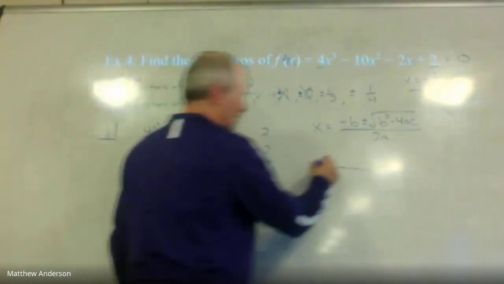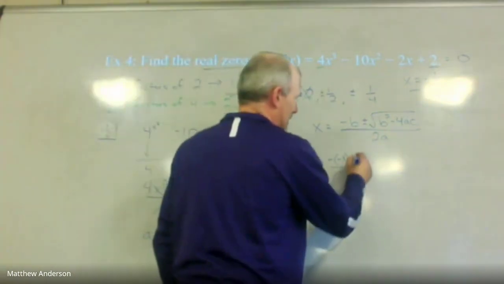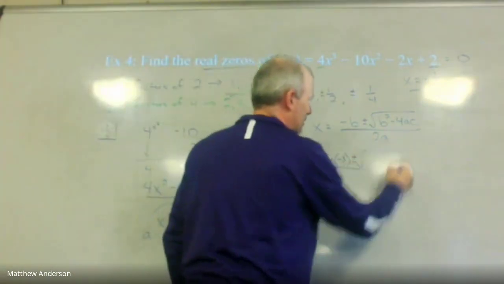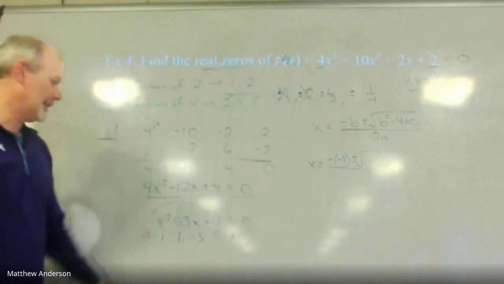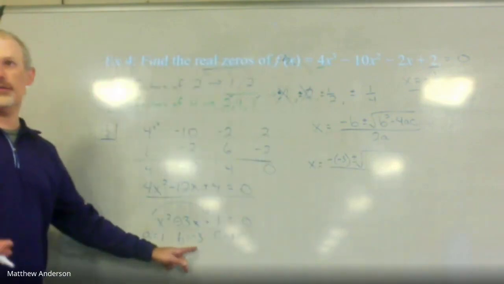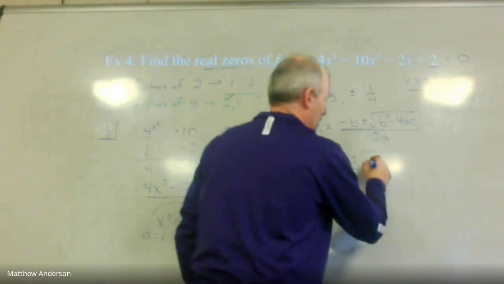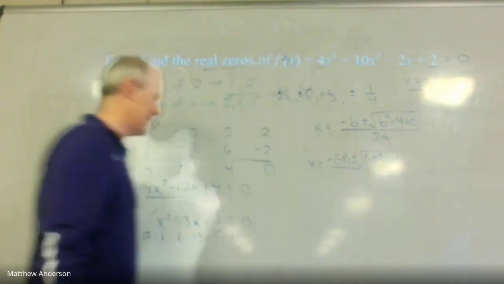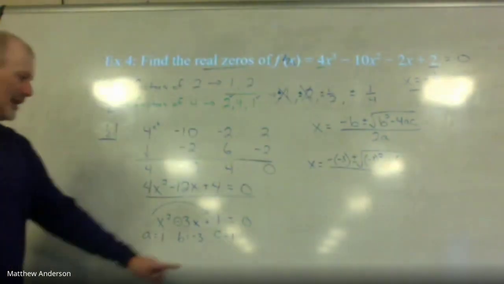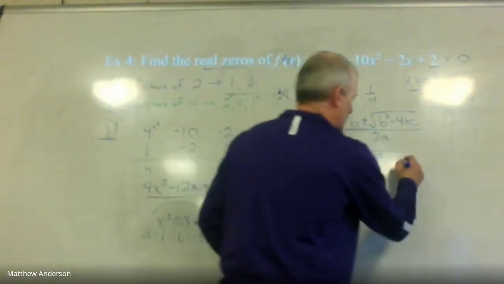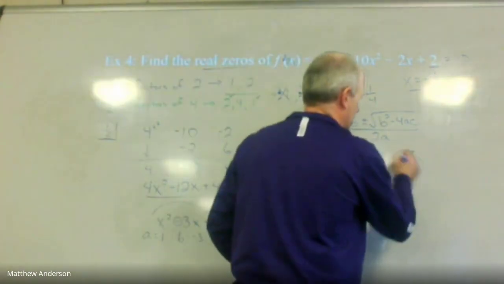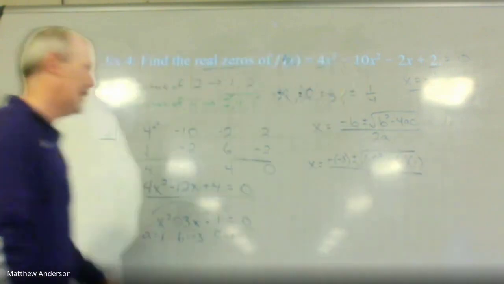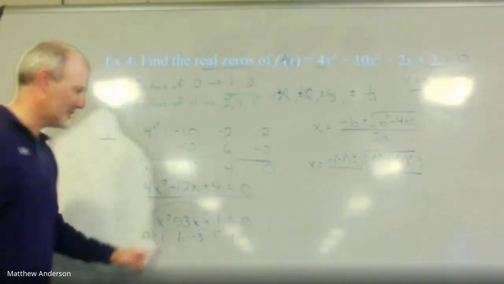So the opposite of -3, I'm just going to write this down initially, plus or minus. And then inside we have b, -3 squared, minus 4 times a, which is 1, times c, which is 1. So we've got 2 1s there. And on the bottom, we have 2 times a, so 2 times 1.